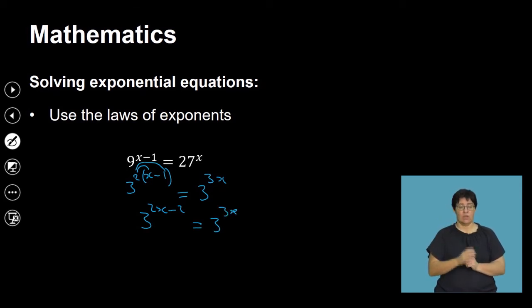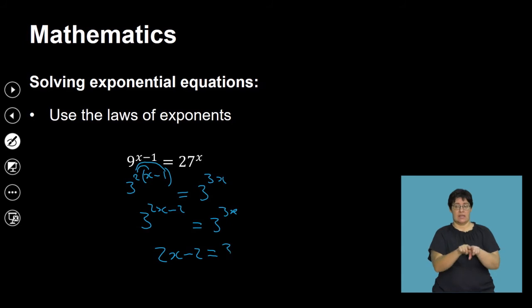Remember my previous law that I just spoke about now? If my bases are the same, then my exponents definitely need to be equal. So this will be 2x minus 2 equal to 3x, and this will be 2x plus 3 minus 3x, that is.